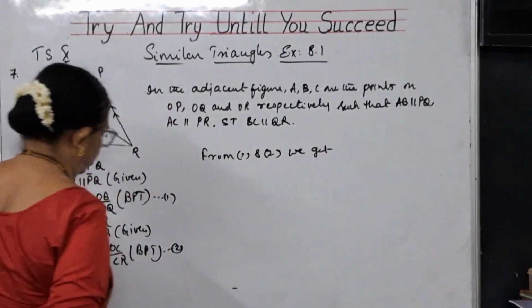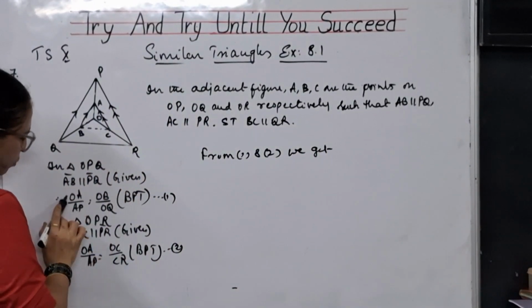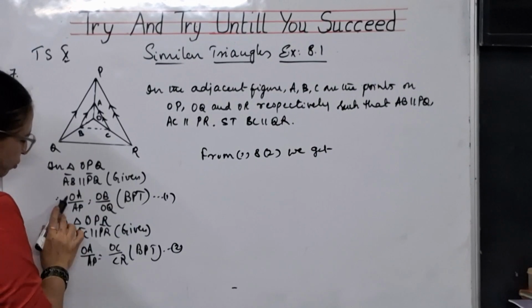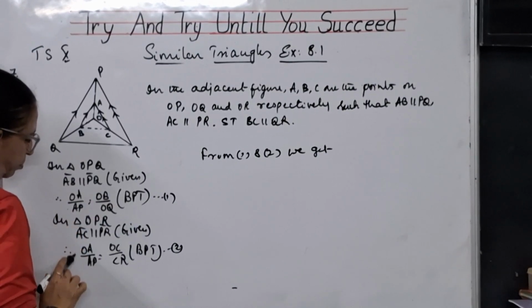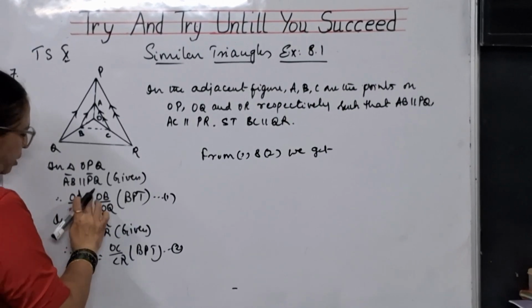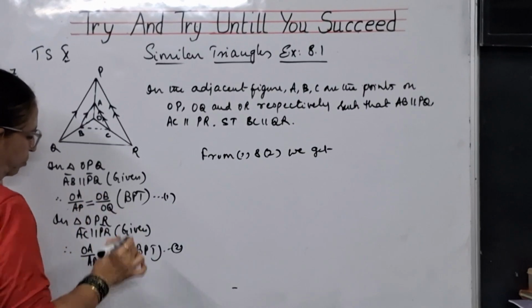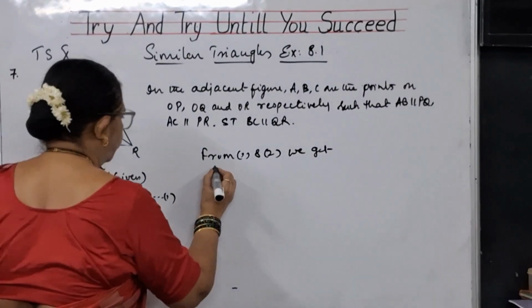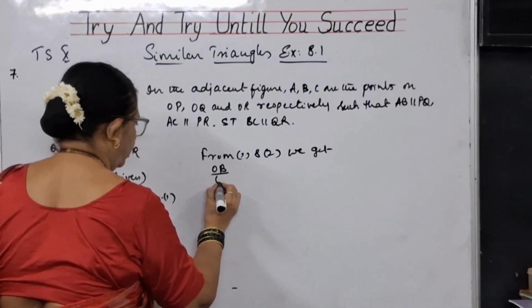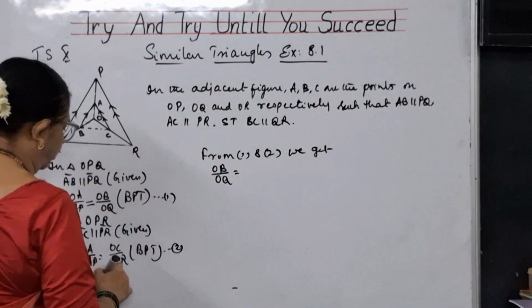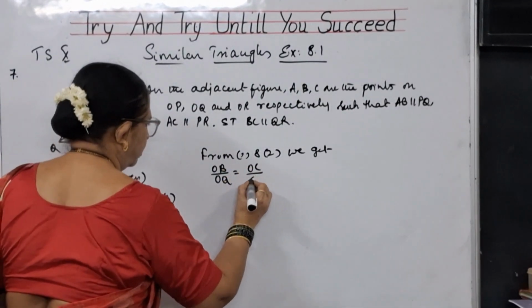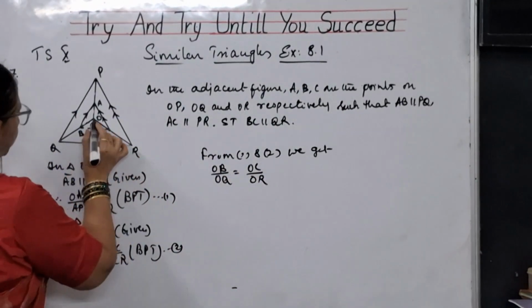we get, what do we get? See, OA by AP on the LHS, here also OA by AP. When LHS are same, RHS will be equal. So what we are getting?